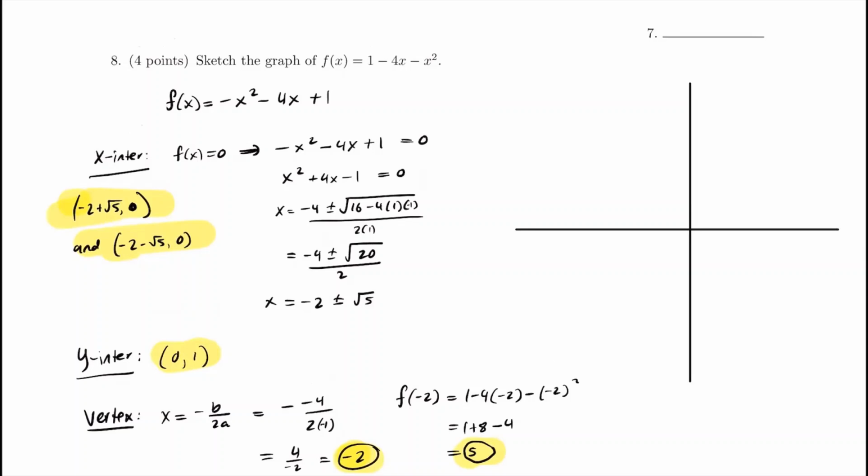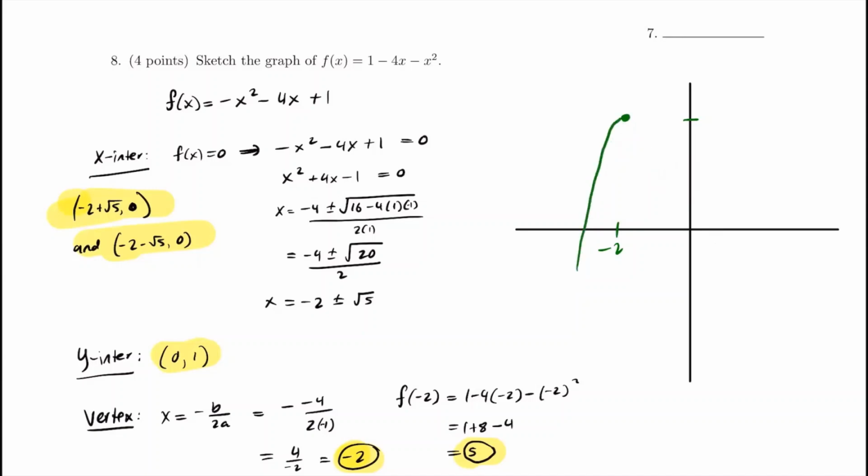So let's suppose the y-intercept and the vertex are right here. So here's -2 and 5. Let's say it's right here. And then the parabola would look something like this. All right, so I'm going to try to draw this the best that I can.